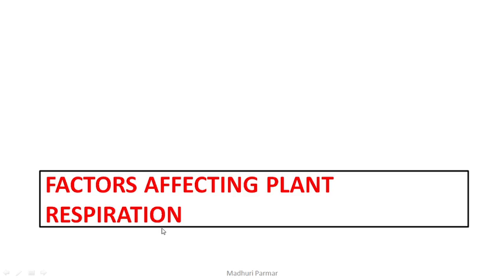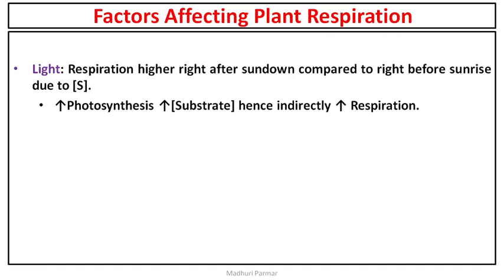Now, factors affecting respiration. You can have light which affects respiration. How does light affect respiration? Actually, it affects photosynthesis, right? Now, if there is higher photosynthesis, then there will be higher substrate or higher glucose production, right?